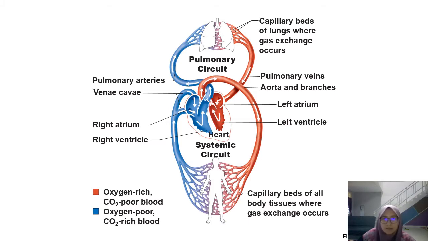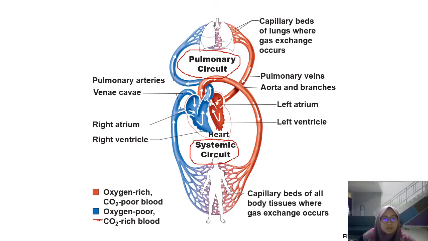This is a diagram showing the pulmonary circuit and systemic circuit. Remember the blue color, which we consider as the pulmonary circuit.